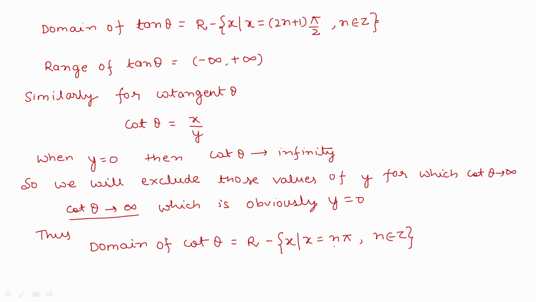So we subtract these multiples of pi from the real numbers, because y will be equal to 0 for multiples of pi. This is the domain for cot theta. And the range of cot theta is the open interval minus infinity to plus infinity.